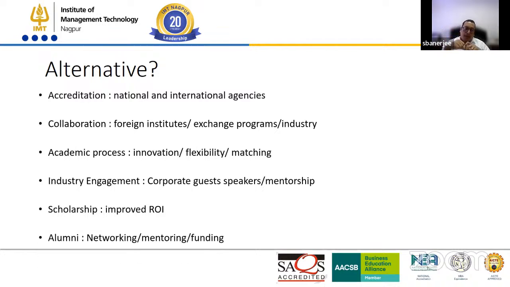And finally, you also need to look at how old the institute is, because the age of the institute, the number of years the institute has been in existence, has a huge impact on the alumni network that you are going to be part of from day one.